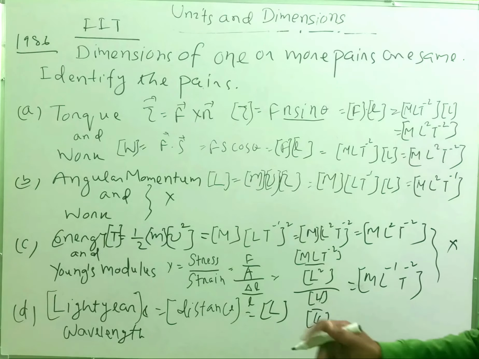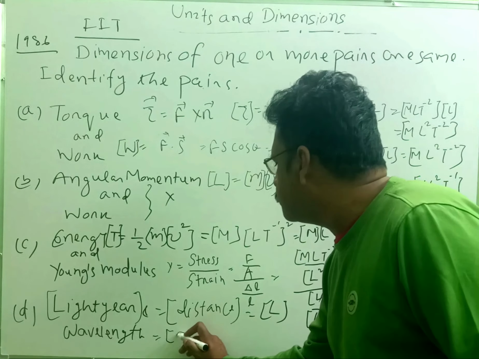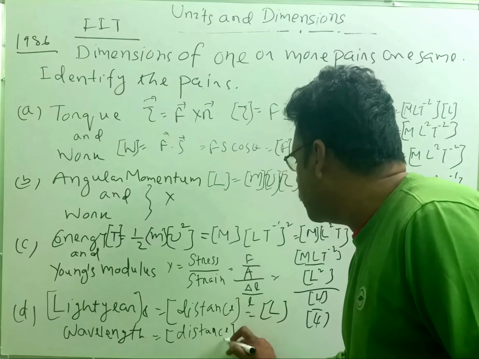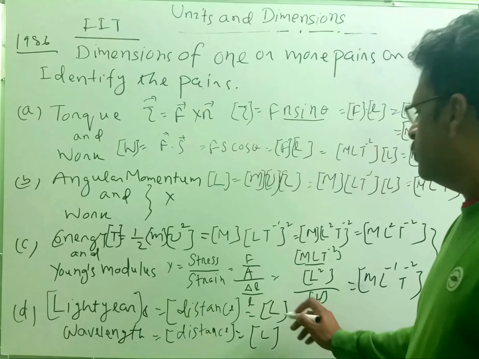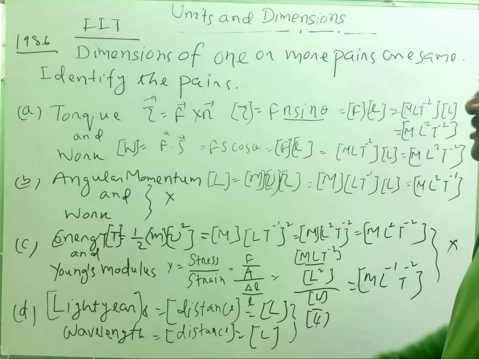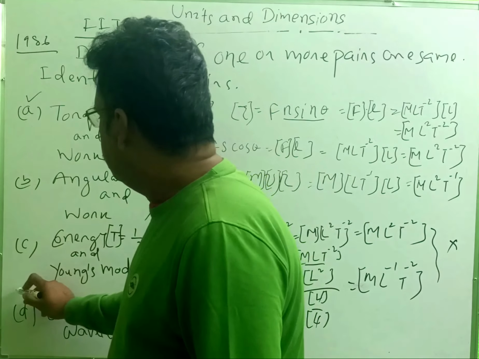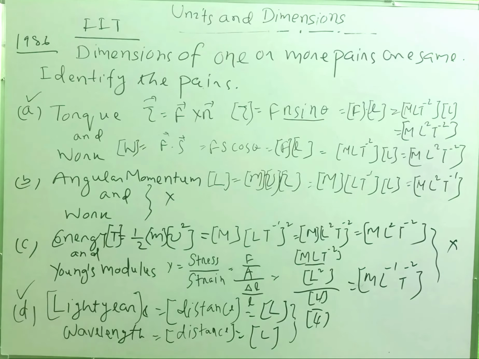So this is also a distance, and the dimension of wavelength is also the dimension of distance, that is L. So the dimensions of light year and wavelength are the same, that is L. Okay students, so A and D are correct. Torque and work have the same dimensions, and light year and wavelength have the same dimensions.